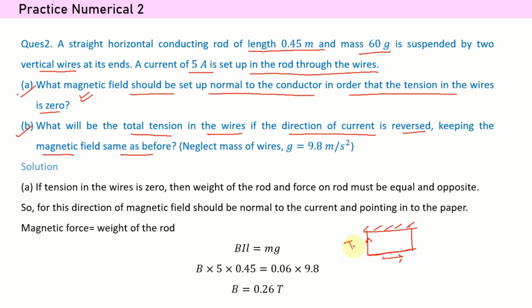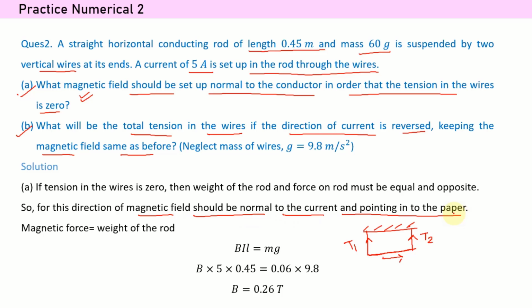Let the tension in the two wires be represented by T1 and T2, and it is given that the magnetic field should be normal to the current and pointing into the paper.